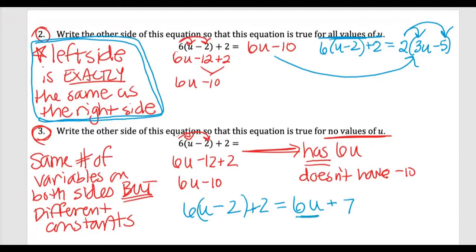As long as it has the 6u, right, but does not have plus 10. Because remember, we want this to be a situation where the left and the right are never going to be equal to each other no matter what. And we're going to keep practicing.